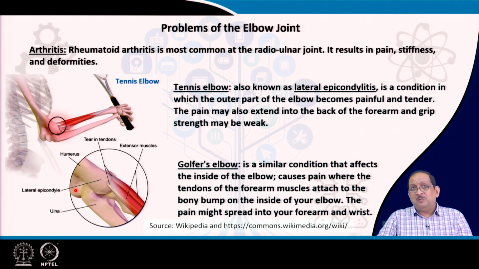The tennis elbow, also known as lateral epicondylitis, is a condition in which the outer part of the elbow becomes painful and tender. The pain may also extend into the back of the forearm, and the grip strength in this condition may be very weak.